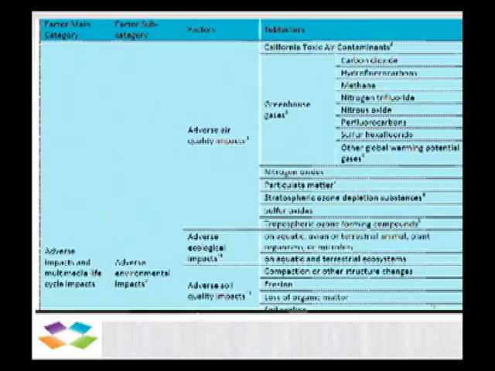And within the definition of adverse air quality impacts are more lists of gases. So these are the factors that need to be considered when trying to identify relevant factors. And responsible entities can refer to this appendix when identifying relevant factors and use it to check if all factors have been considered in their analysis.